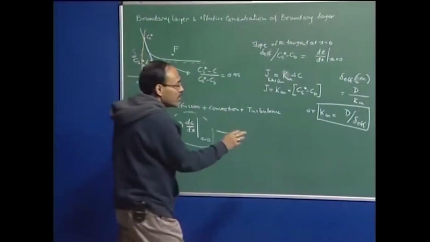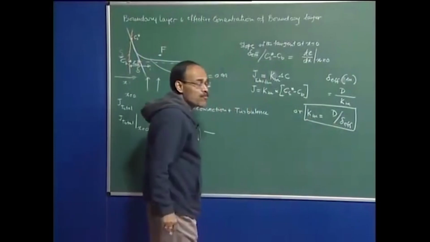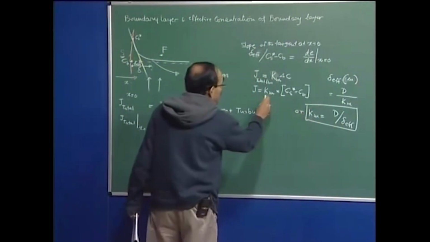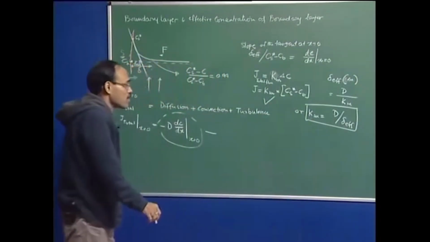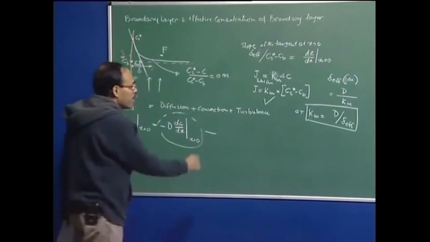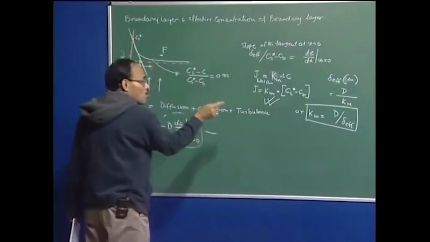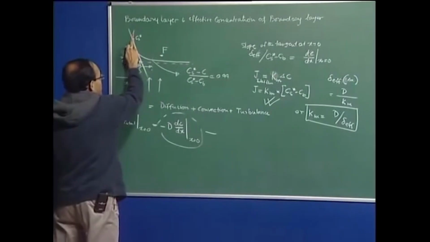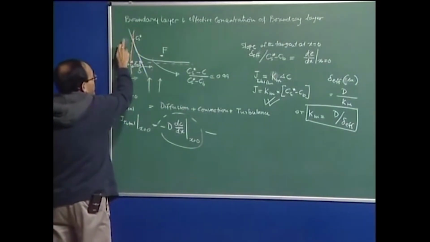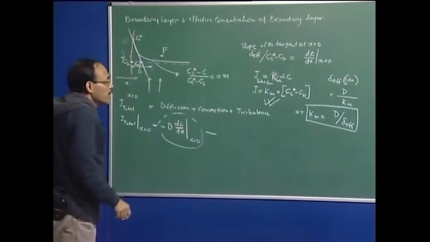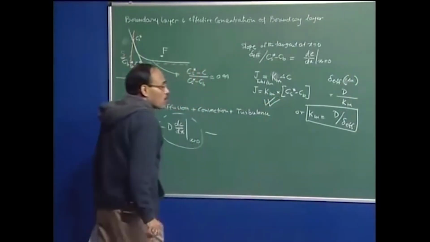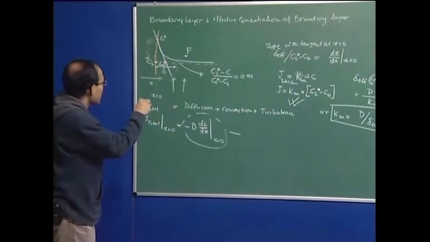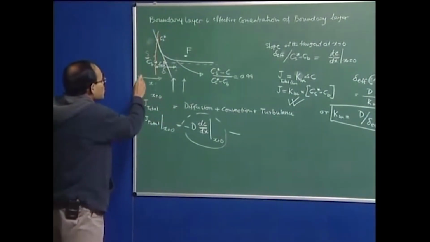Either you know the delta effective, or alternatively, if you know the mass transport coefficient, you should be able to use this equation directly and calculate the rate. As I mentioned already, this Cs star, the concentration of the species which is in the solid and is going to the liquid phase, is dictated by the laws of chemical equilibrium and thermodynamics.